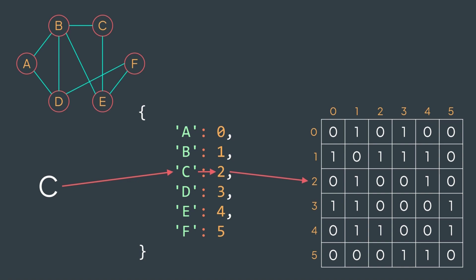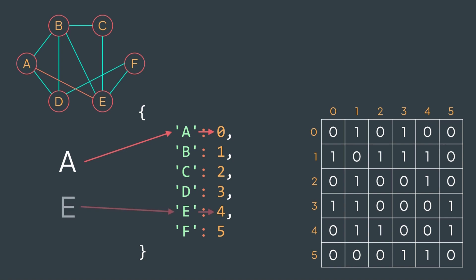Little example, to add an edge from A to E, we check the index of A, which is 0, the index of E, which is 4, and we put 1 in the cell edgemat of 0, 4. We fix the problem.